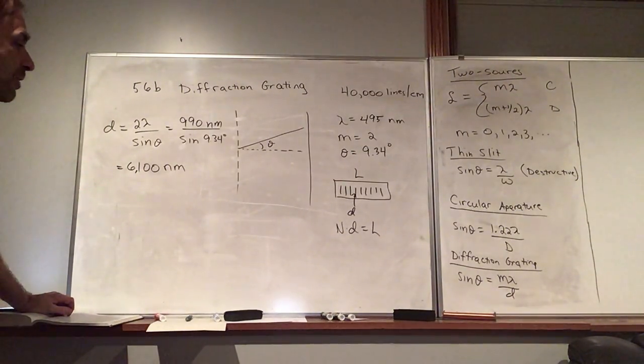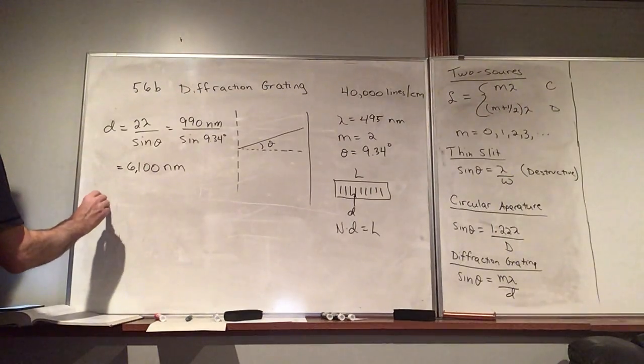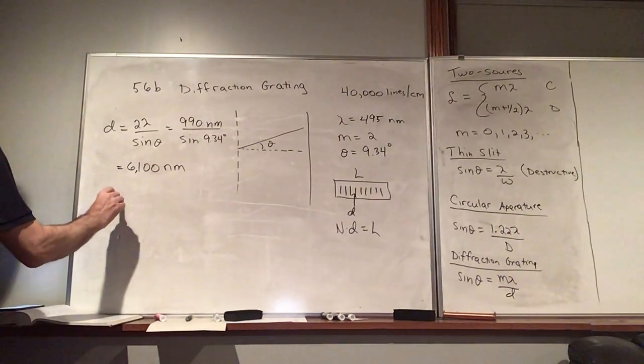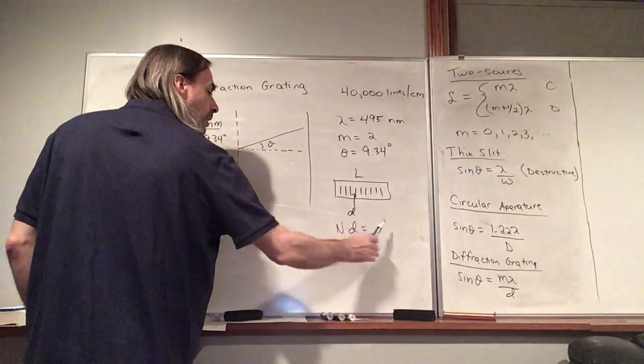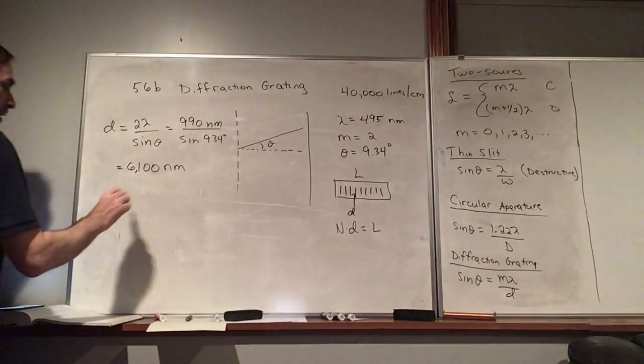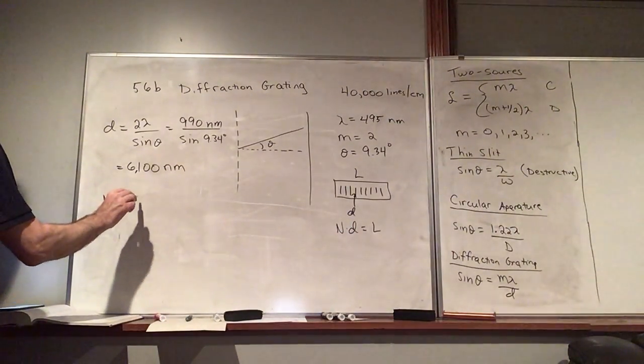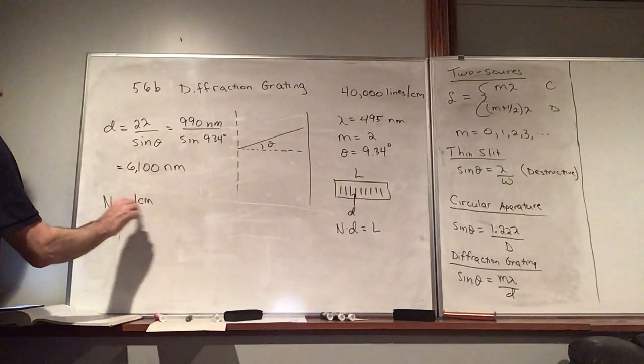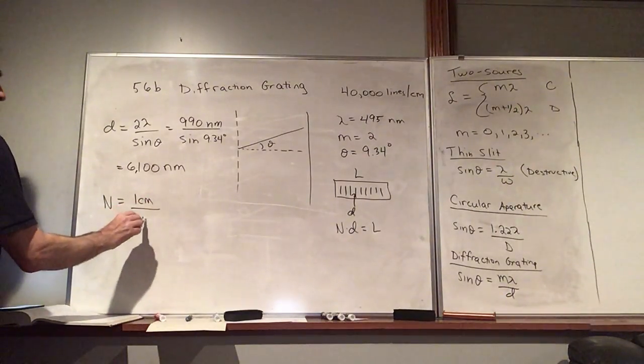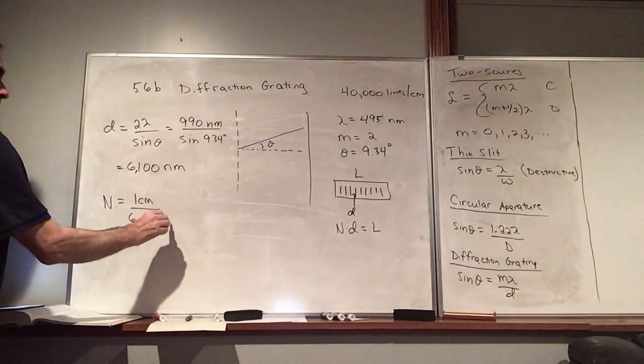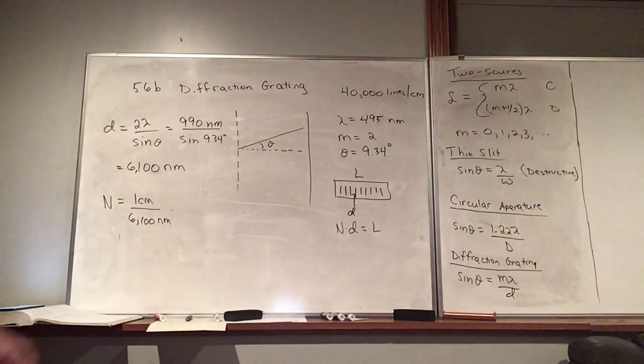So in this case, L is 1 centimeter. So N, this is an L, kind of looks like an H, so I'll redraw it. The number of lines would be 1 centimeter divided by 6,100 nanometers. Again, it's a length over a length. That's just a pure number.